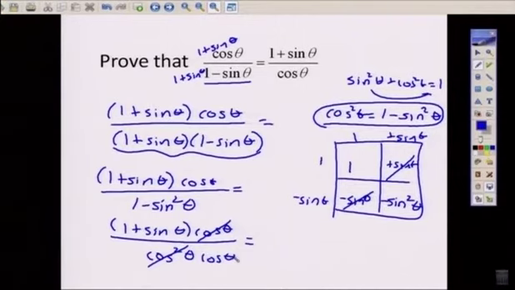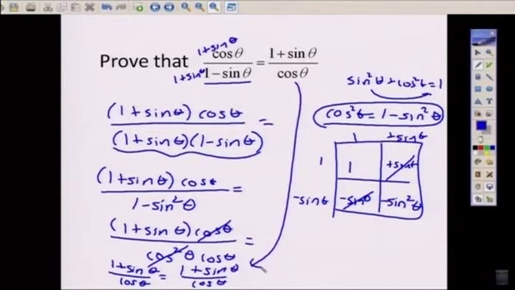So my final answer, which is what we were trying to get, is 1 plus sine theta over cosine theta, which is equal to what we already had on the right-hand side. So we verified that they are equivalent.